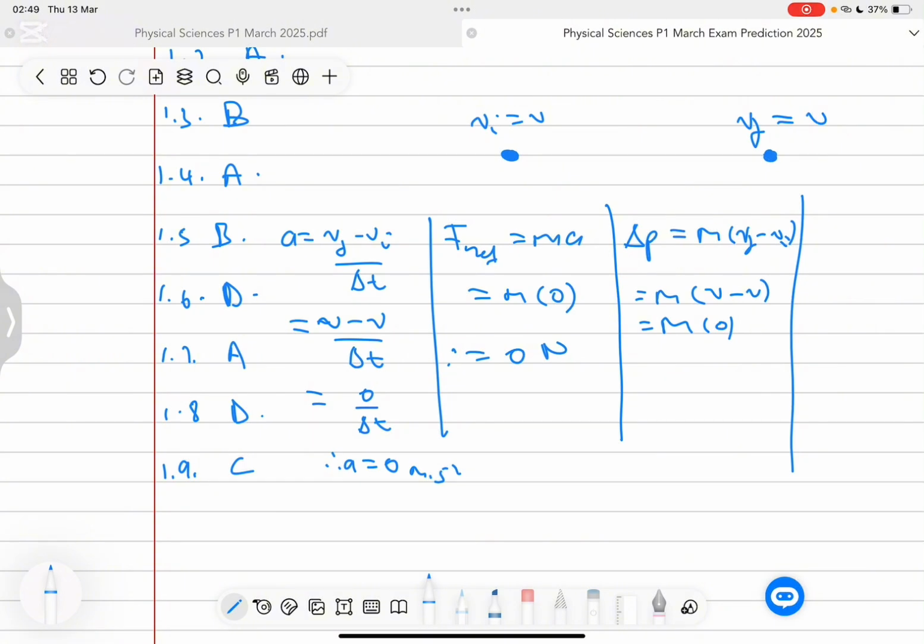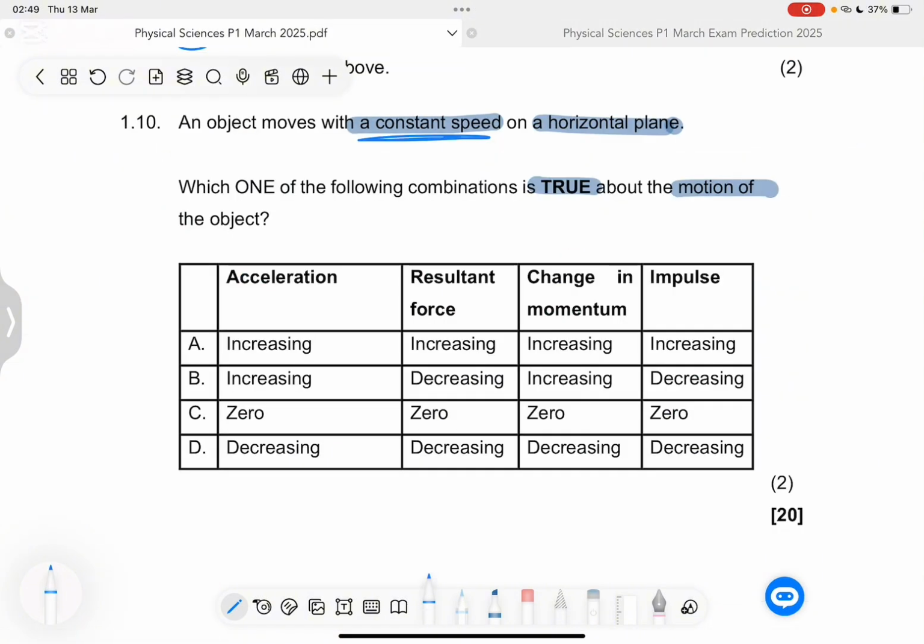Now if you say m times 0, it means my change in momentum is actually 0 kilogram meters per second. So the change in momentum is also 0. So there's no change in momentum when an object moves at a constant velocity.